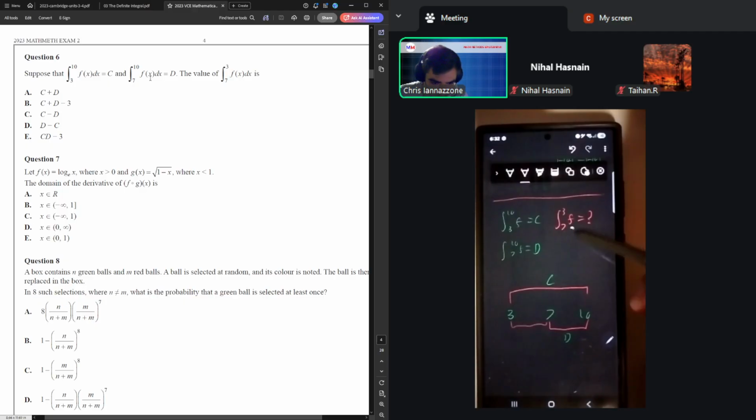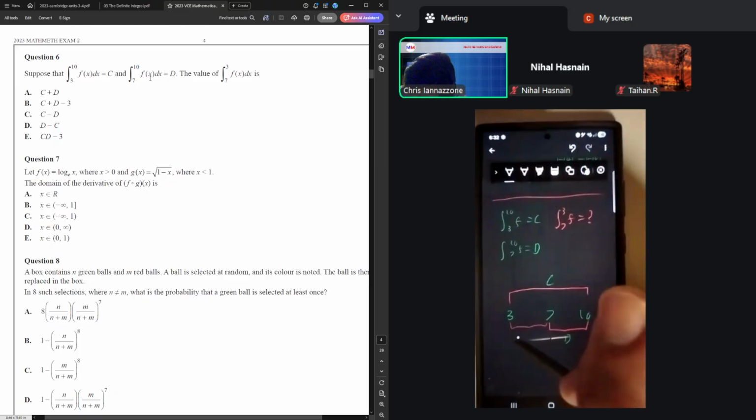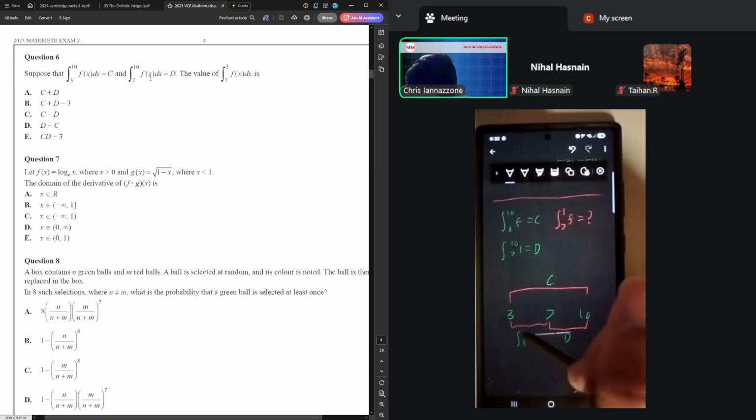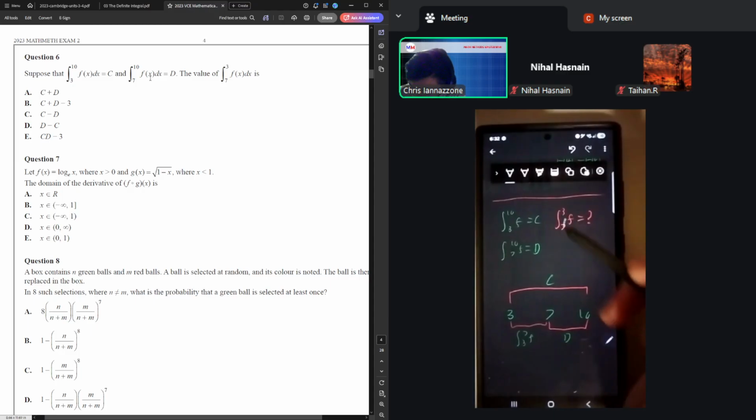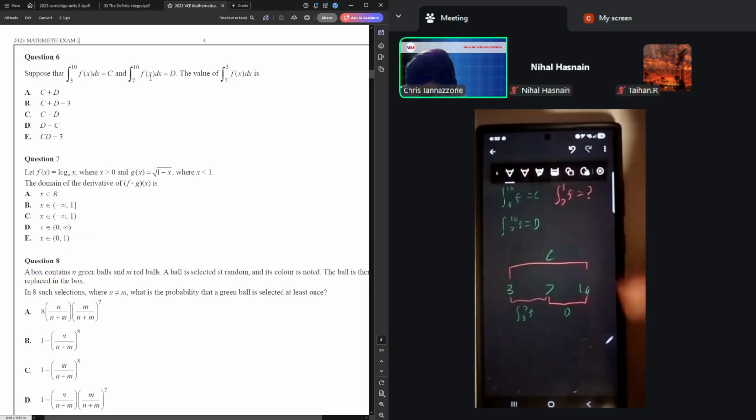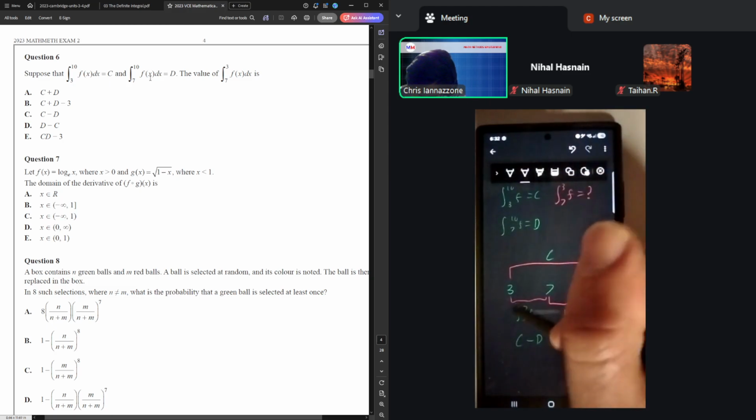But it's not quite right, because with the exact same notation, we would need the integral from 3 to 7, not 7 to 3. If C is the total bit and D is the little bit in here, whatever's left over is C subtracted from D. That's this bit here.